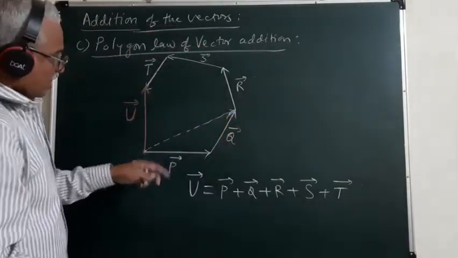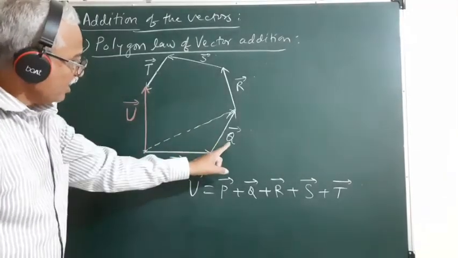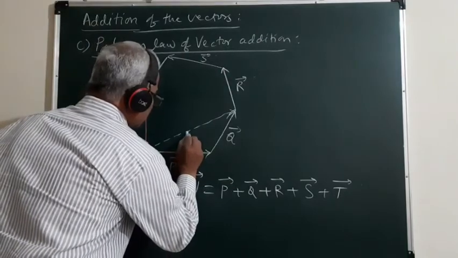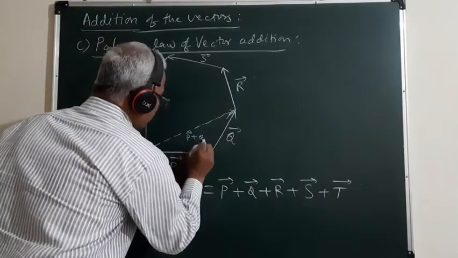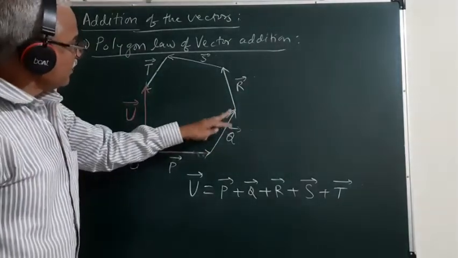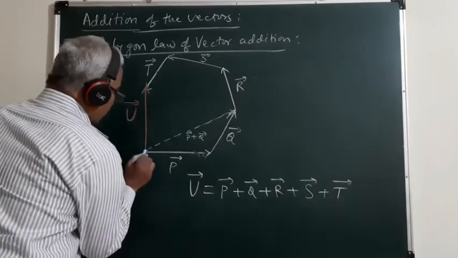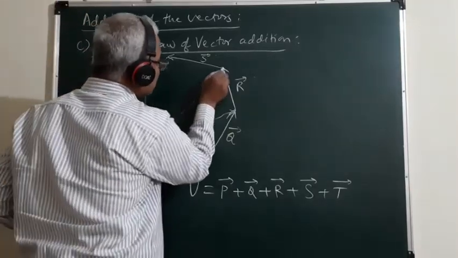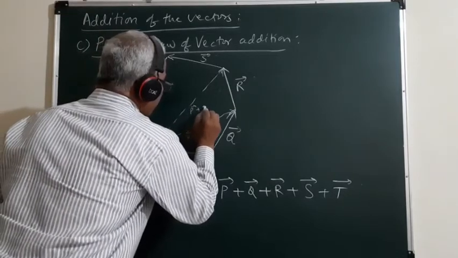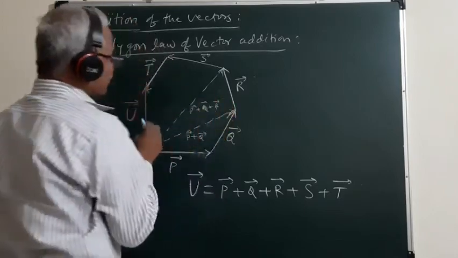If we consider this triangle, this is the vector P bar, this is the vector Q bar. So this side will represent the sum P bar plus Q bar. Then this vector plus R bar gives this vector P bar plus Q bar plus R bar.